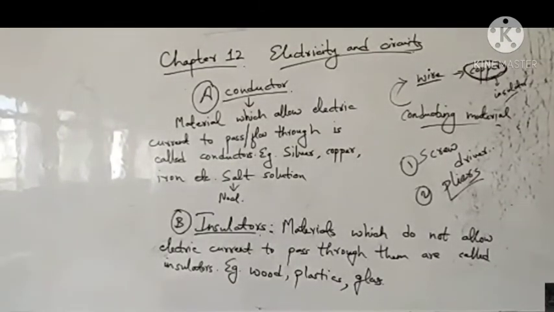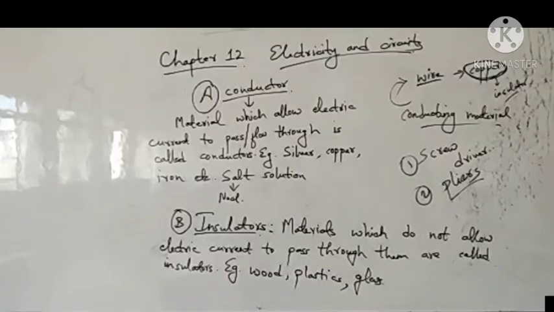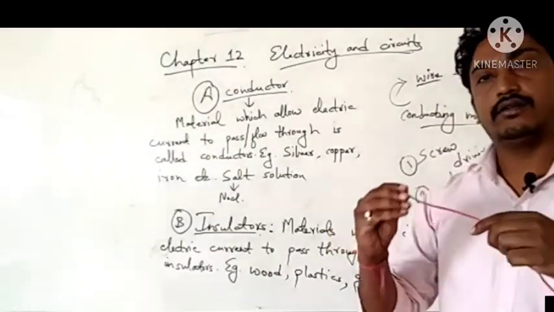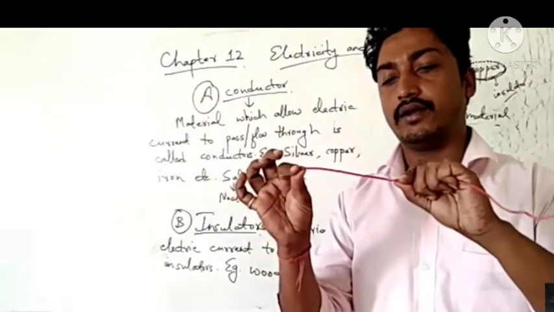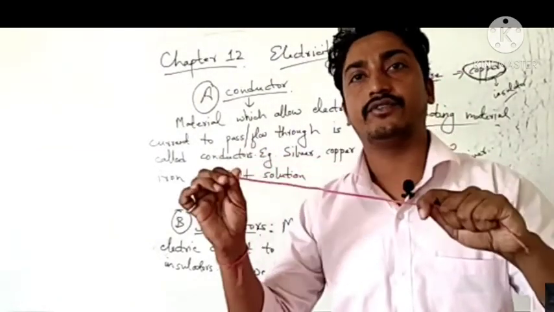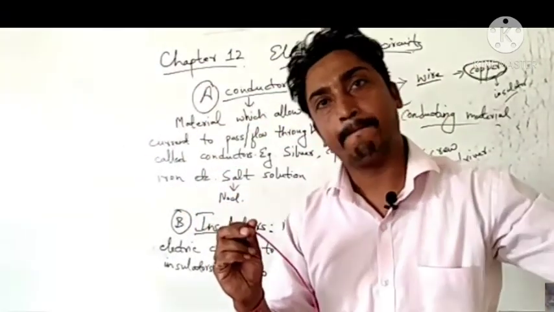So now we will take an example and show a piece of wire. This wire is a conducting material. That means it helps to conduct electricity from one place to another.